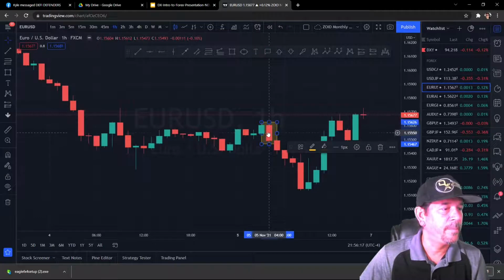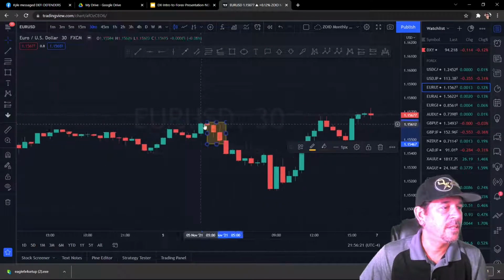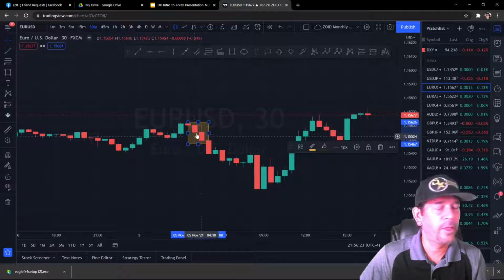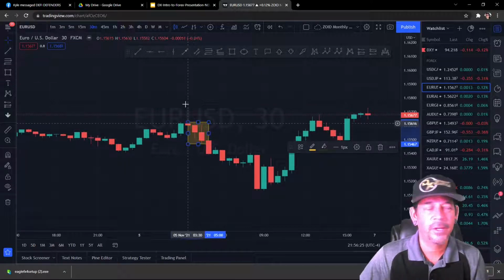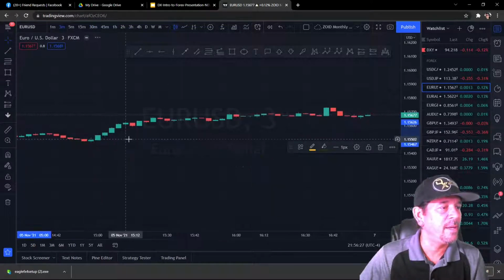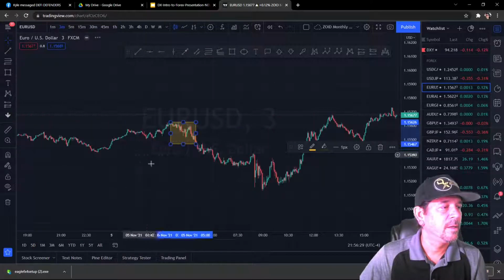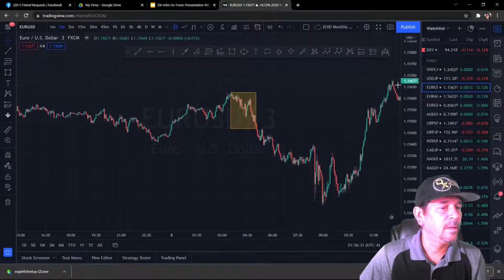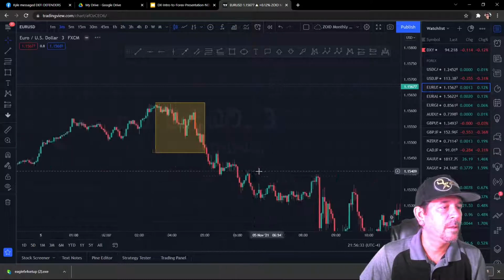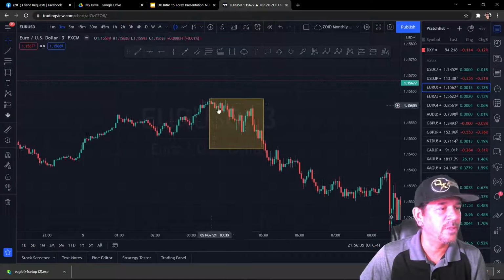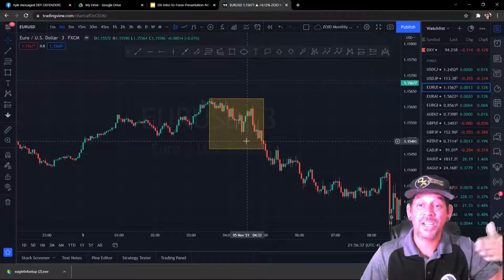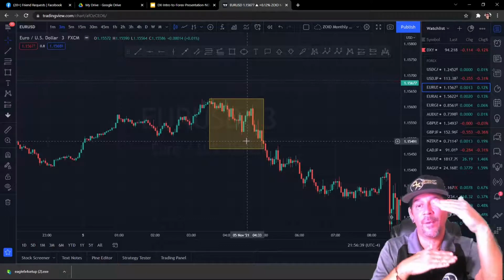And there you go. That 1 hour candle is those two 30-minute candles. So if we went down to the 3-minute, those are the 3-minute candles that are actually taking place within that 1 hour candle.